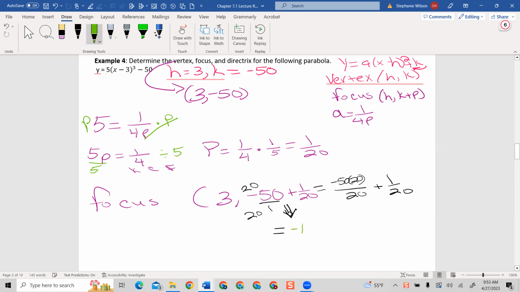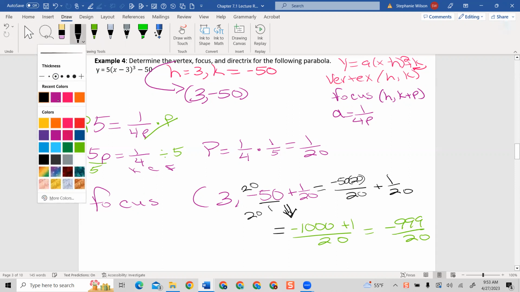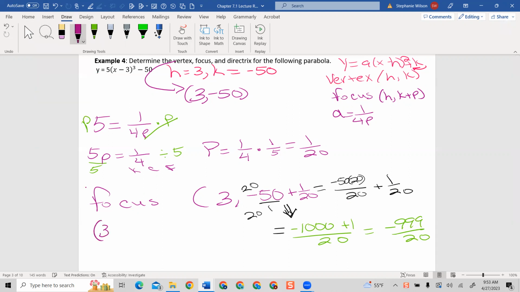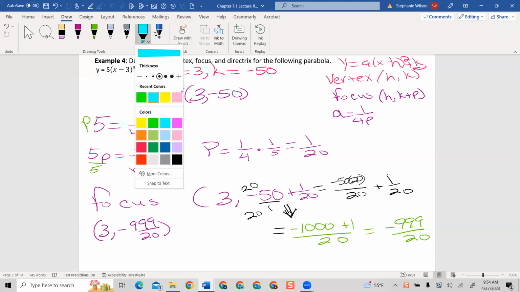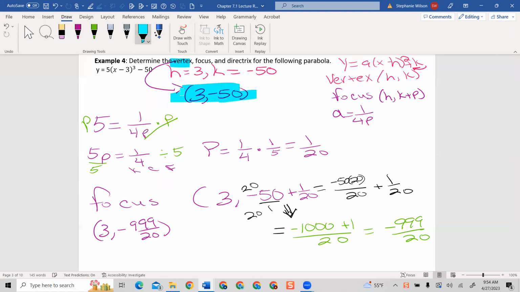I get -1000 plus that 1/20, means that my answer is -999/20. All right, so let's finish writing our ordered pair out for this one. So it's going to be (3, -999/20). So we got our focus, we got our vertex, right? This is our vertex, our focus.